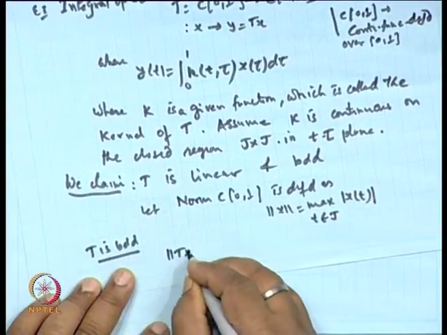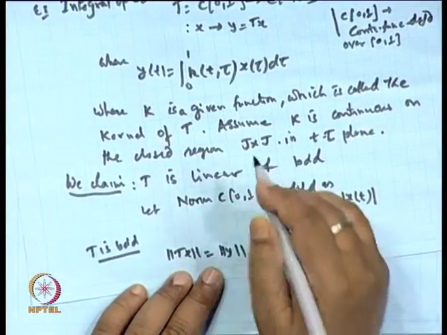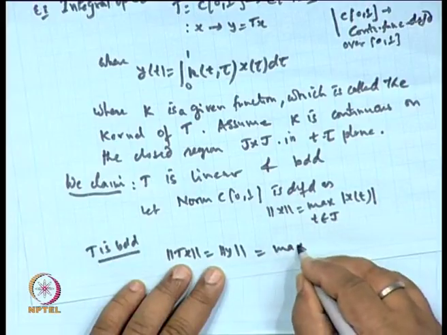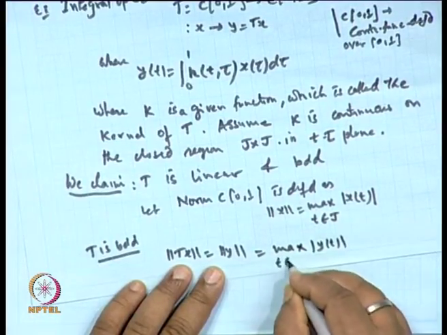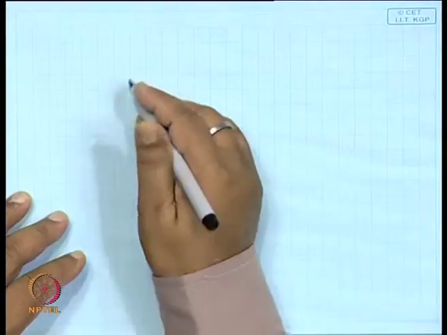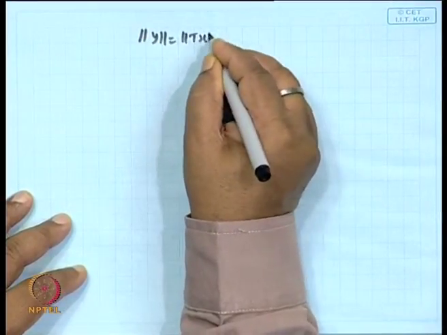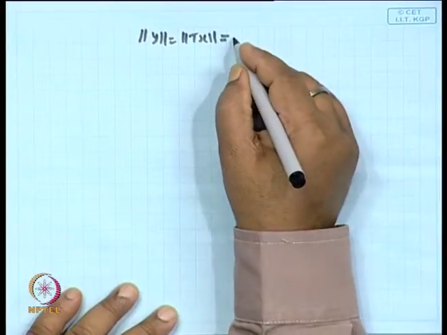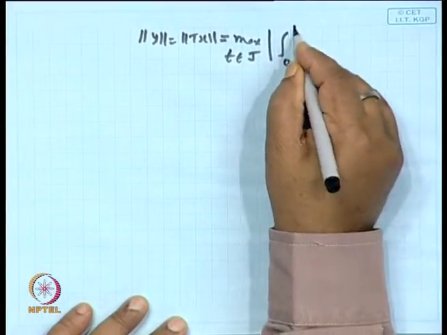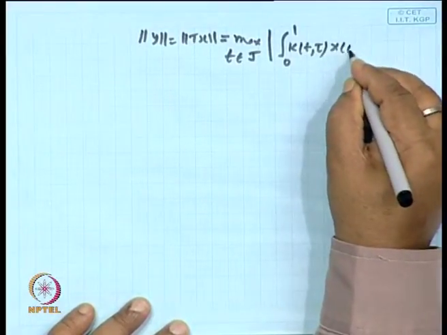What is the norm of Tx? The norm of Tx is equivalent to the norm of y, and the norm of y is the maximum of mod y(t), where t belongs to J. So, the norm of Tx is equal to the maximum over t belongs to J of the modulus of the integral from 0 to 1 of k(t, tau) x(tau) d tau.